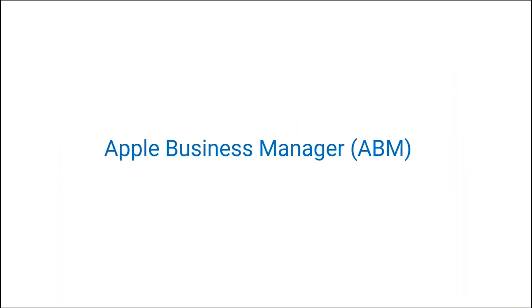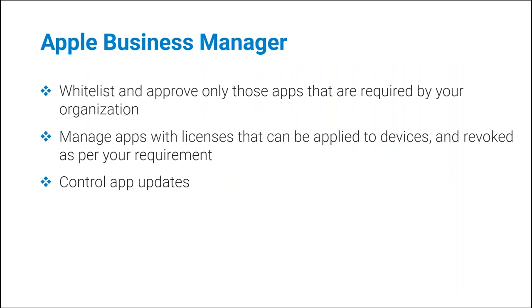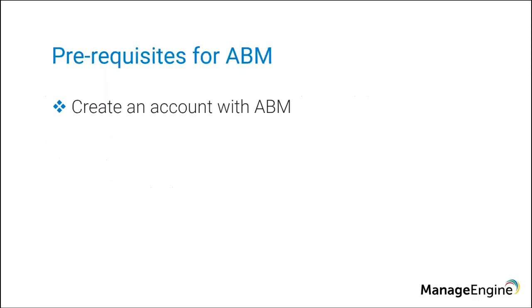So let's take a quick look at Apple Business Manager. Apple Business Manager would help you to approve applications that are required only for your organization. You can also manage the licenses that come with the application, whether they can be associated to a device or revoked from a device. And the best part, again, you can control the app updates, whether you'd like to update it to a particular version or whether you'd like to withhold it from getting updated at all.